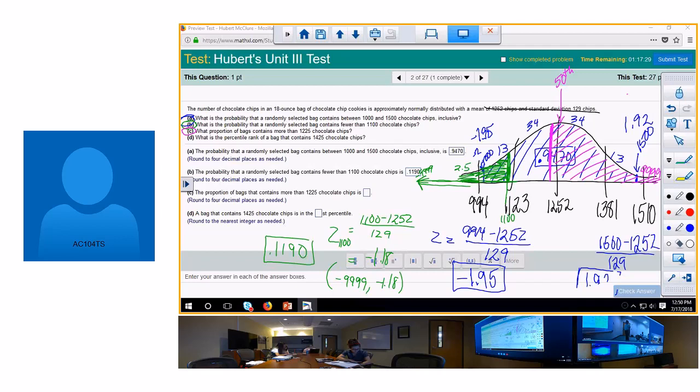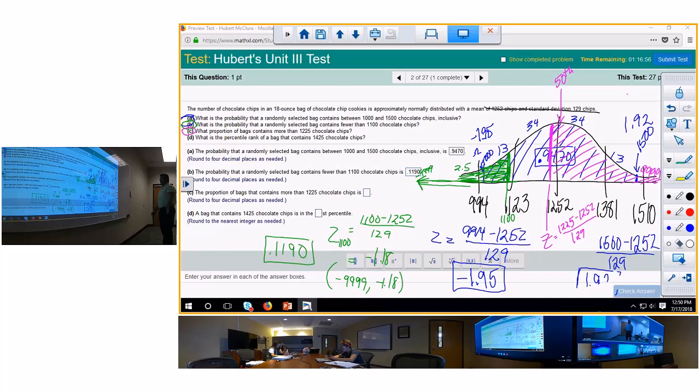So we know that it's going to be above 50%. We also know that we're going to use 9999 as positive infinity, because negative infinity is negative 9999. So we just got to get a z-score. It says 1225, so z equals 1225 minus 1252 over 129, and 1225 minus 1252, that's going to be like negative 27, so it's going to be real small, and it's going to be negative.